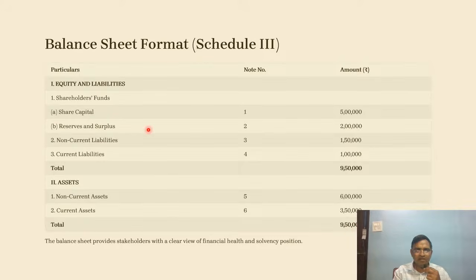Try to at least make the tables and insert wherever required, liabilities and assets. Then you'll get some marks. Don't leave anything blank. If you do that, you're going to lose marks. The examiner always checks whether you fill the answer sheet or not, so you have to make some effort.